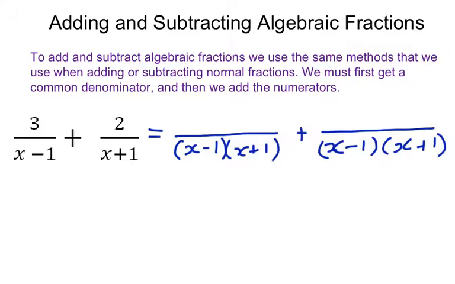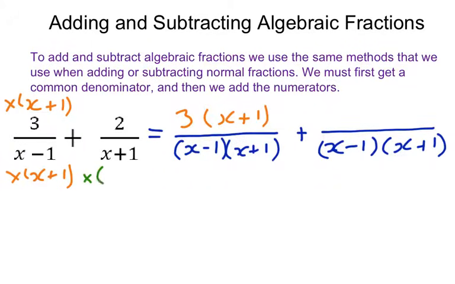The first one we multiplied by x plus 1, so we have to multiply the top by x plus 1, which gives us 3 brackets x plus 1, and the second one we multiplied by x minus 1, so we have to multiply the top by x minus 1, which gives us 2 brackets x minus 1.